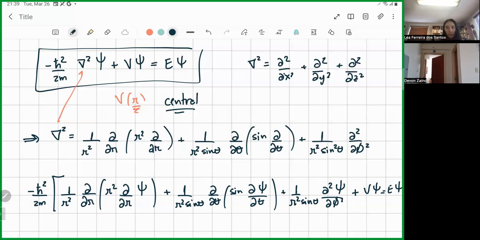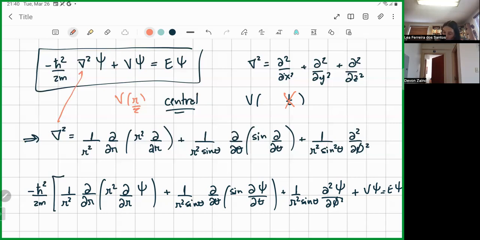What is going to be the next procedure? Well, just as we did before, remember that we did separation of variables. Why? The potential, we said, does not depend on time. So we were able to separate the equation and split the time-dependent Schrödinger's equation into one that depended only on time and one that had all the information about direction, positions, and all that.